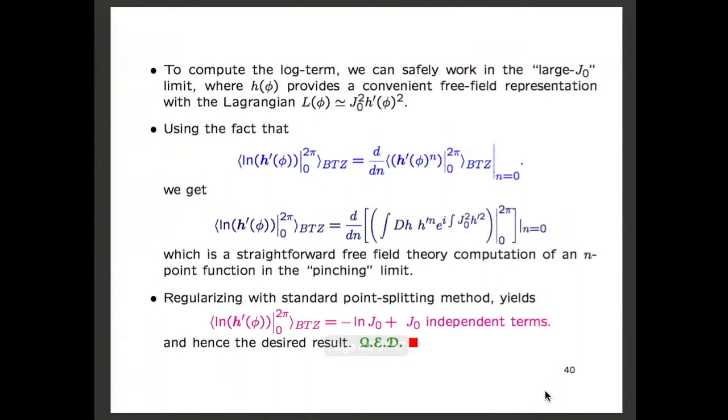For the large J naught limit, I can just do the computation. It's a standard computation. I can take this H field to be a free field in the large J limit, and it's a standard computation for the expectation value of the log of the derivative of a free field. Going through the standard computation, you get that the expectation value of this log is exactly minus log of J naught plus some J naught independent terms.